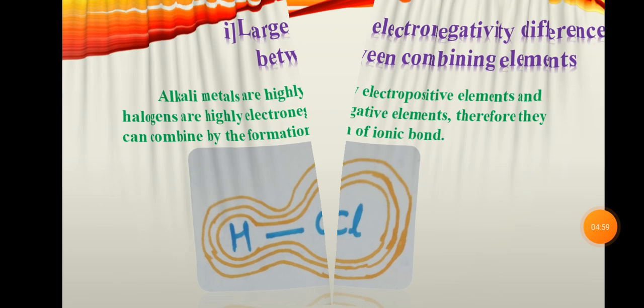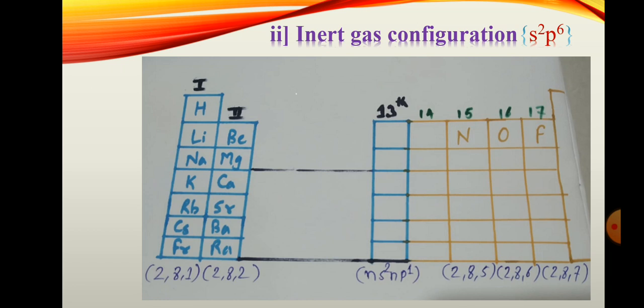Now the next, second condition, inert gas configuration, simply ns2 np6. Now it is a short form of our periodic table. You see the group numbers are labeled 1, 2, 13, 14, 15, 16, 17.